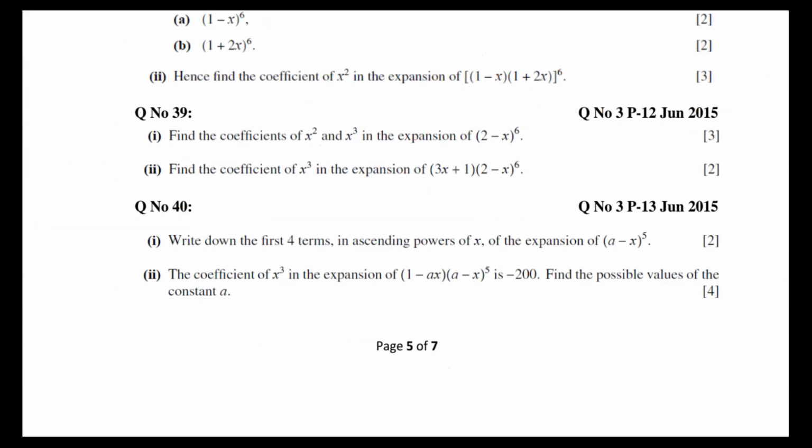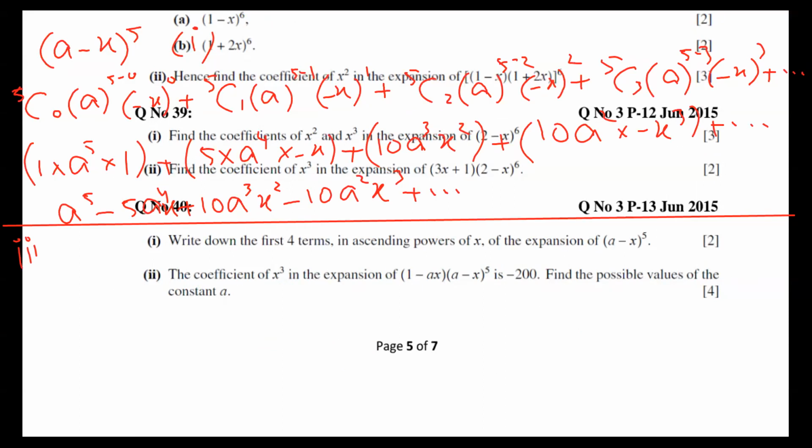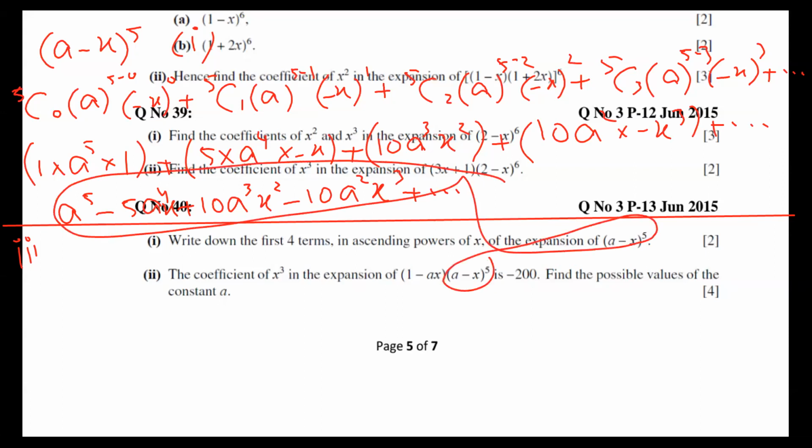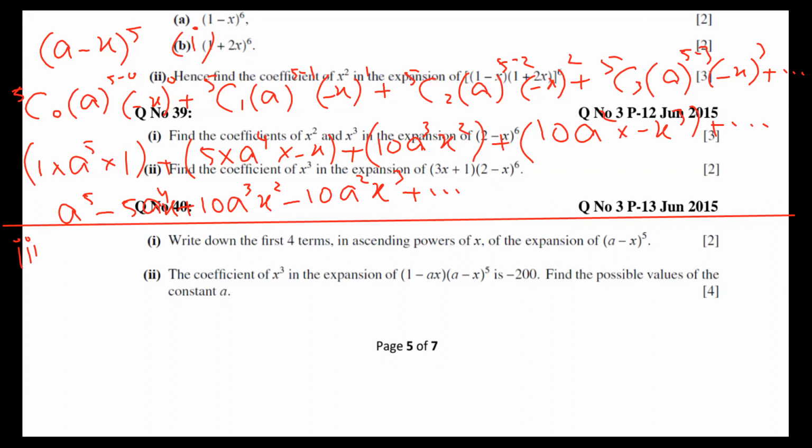So he's asking: find the possible values of the constant a. So we need to find the value of a. Let's start. But check: is this the same? Oh yes, exactly the same. So I will copy the top value in place of this. I'm writing (1 minus x) times (2 a minus x) to the power 5, and here the coefficient of x cubed, given by him, is minus 200.